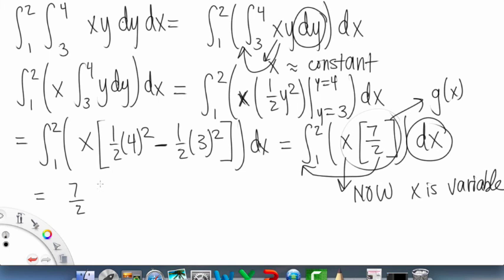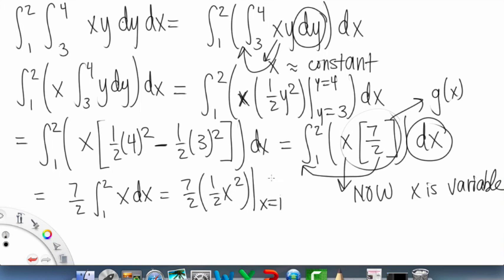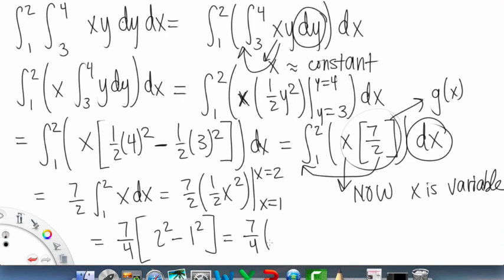So we have 7 over 2 times the integral from 1 to 2 of x dx. Then we keep integrating: 7 over 2 times 1/2 x squared, with x going from 1 to 2, and then we plug in. I'm going to combine the coefficients, and then we have 2 squared minus 1 squared, which is 7 over 4 times 4 minus 1, which is 3.